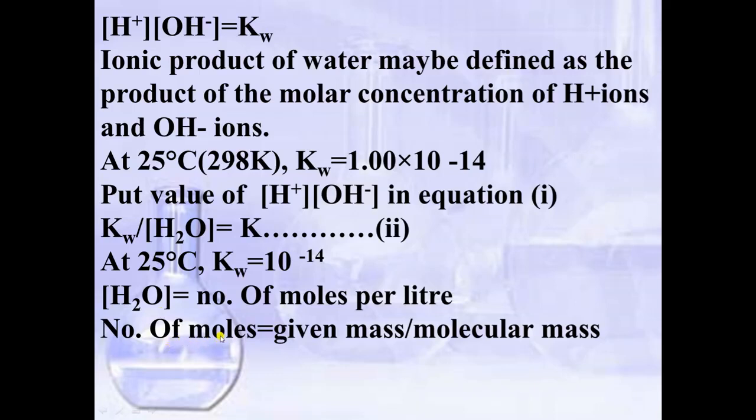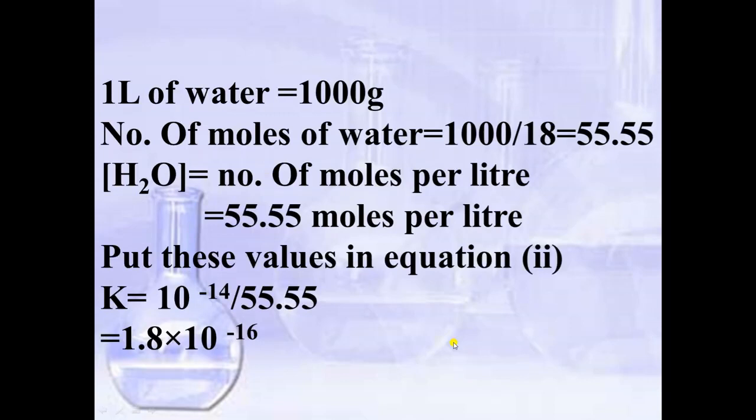Now the formula of number of moles is given mass divided by molecular mass. Now for 1 liter of water, the given mass is 1000 gram. So here the number of moles of water is equal to 1000 divided by 18 because the molecular mass of water is 18. So here concentration of water is equal to 55.55 moles per liter.